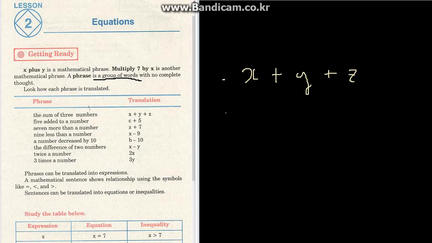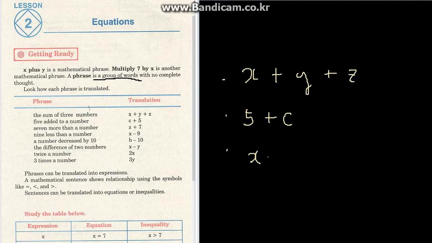Another example, 5 added to a number. 5 is added to a number, a number C. What about this one? Twice a number. What does that mean?